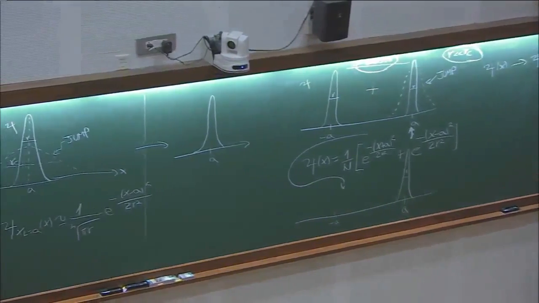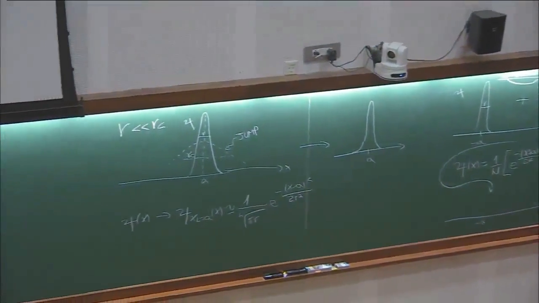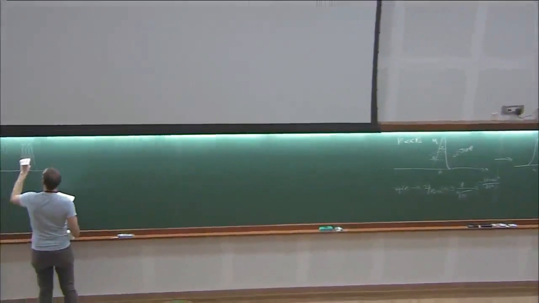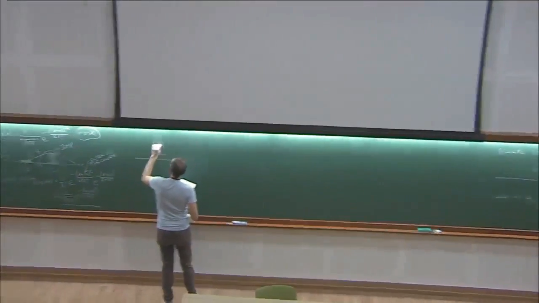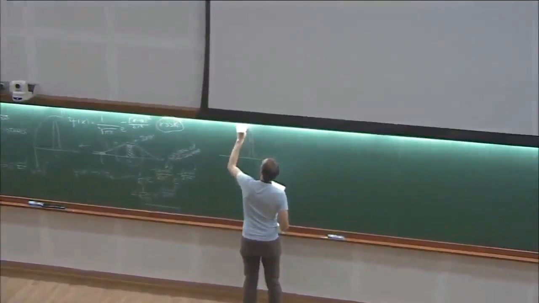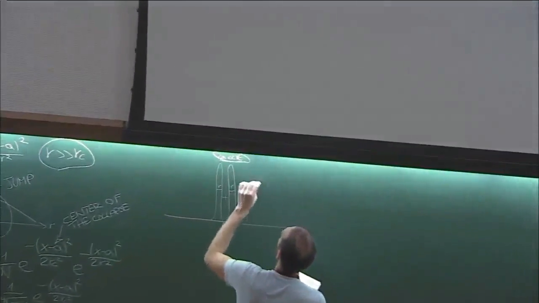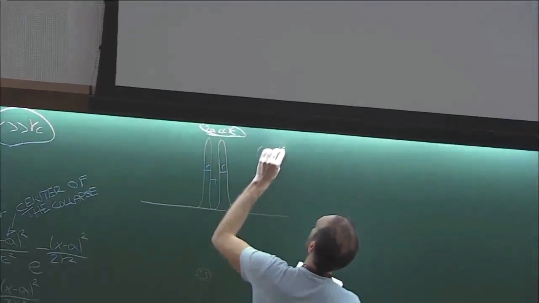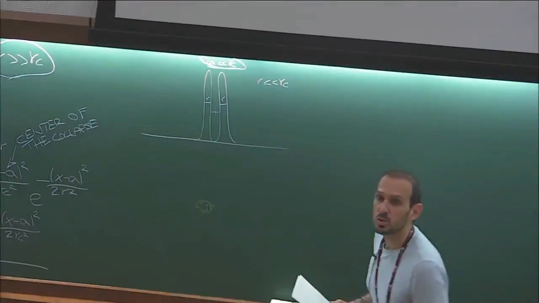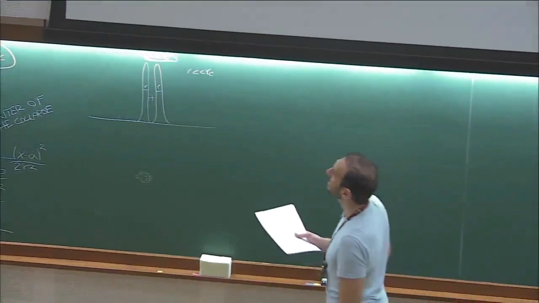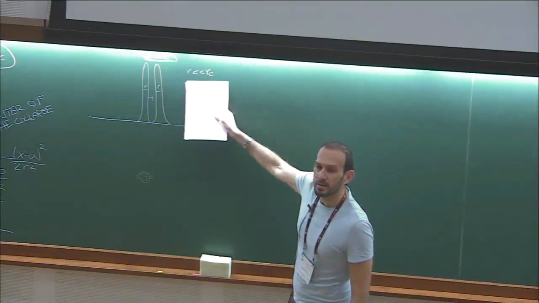Then, suppose we take, again, the superposition of two Gaussians. And the two Gaussians separately are very well localized.